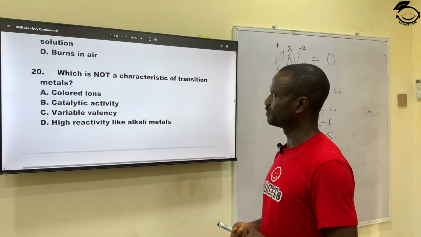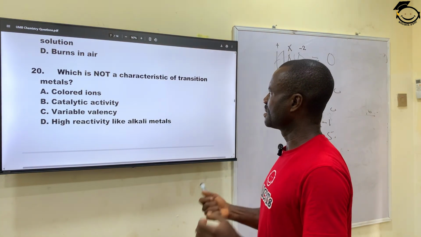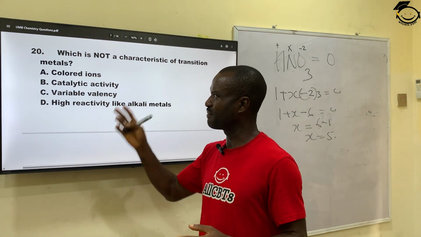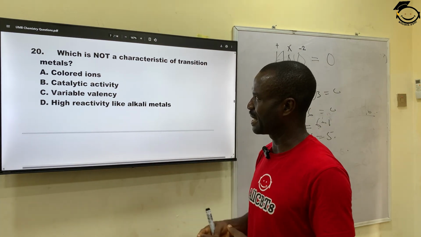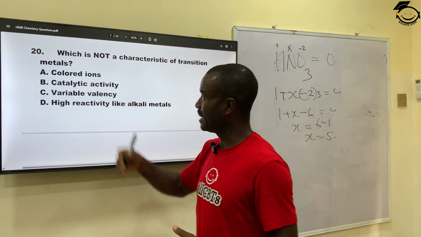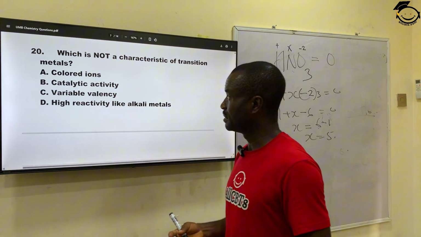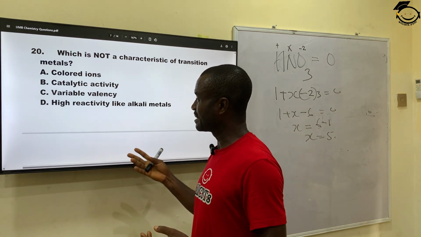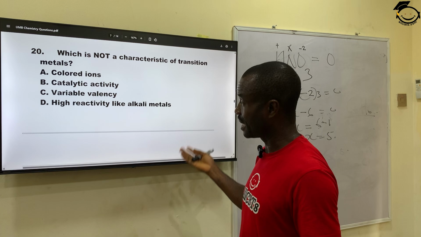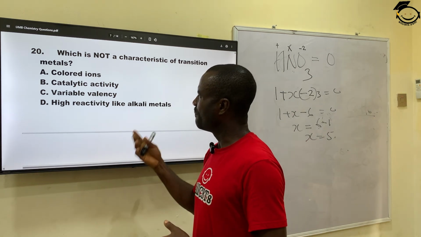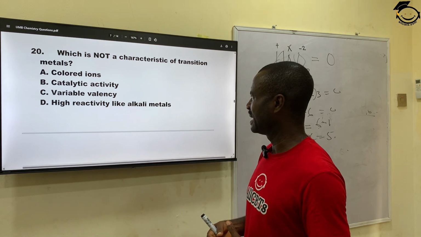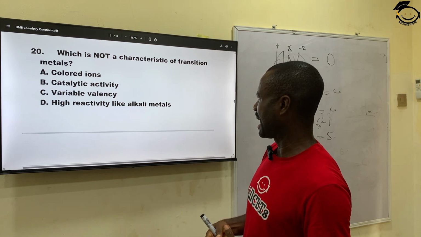Question 20. Which is not a characteristic of transition metal? We have transition elements having the following characteristics except: A, they are colored ions, B, they are catalytic in reaction, they catalyze reaction, C, variable valency, then D, high reactivity like alkali metal.